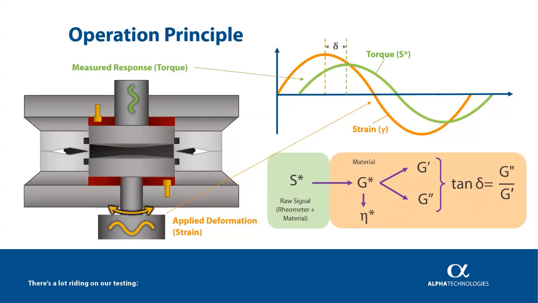This torque value captures both the influence of the instrument's geometry and the material's response under deformation. From that single torque measurement, we calculate other important parameters, including G star, which is complex modulus, G prime, storage modulus, and G double prime, loss modulus. And these values then allow us to determine tangent delta and eta star, which is the complex viscosity.